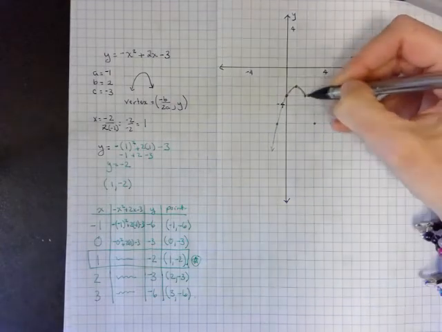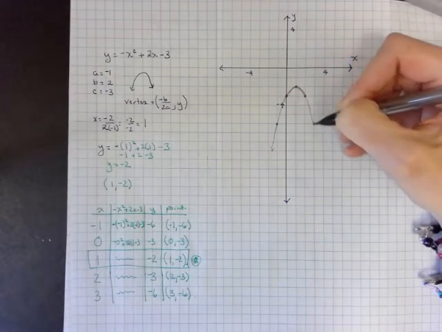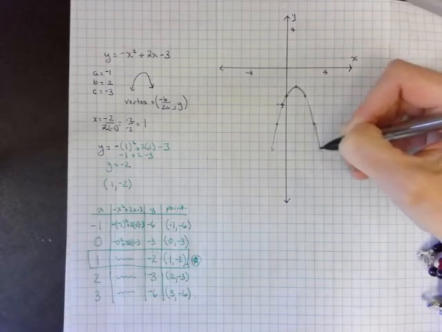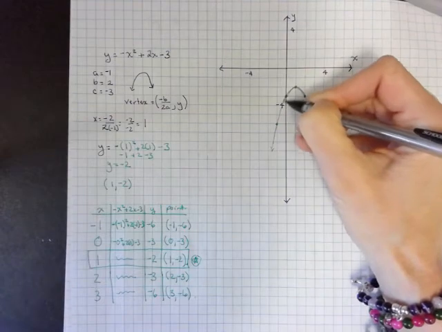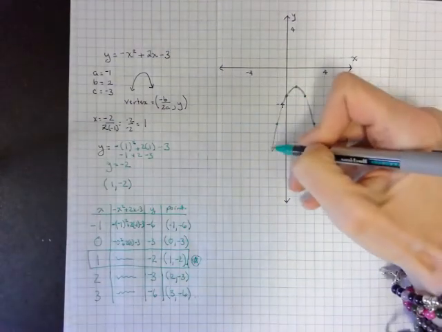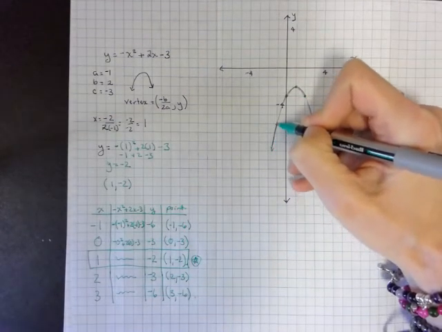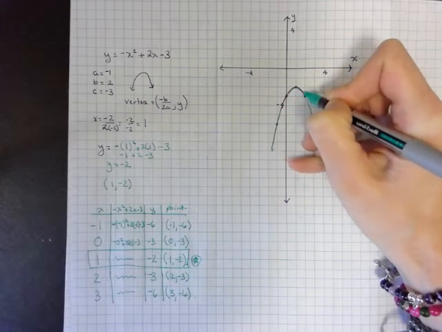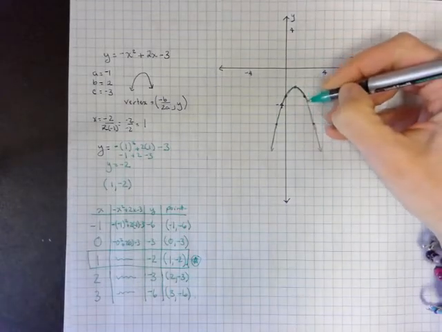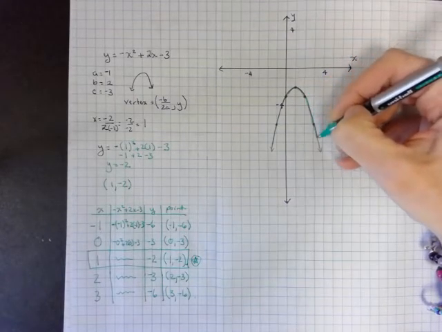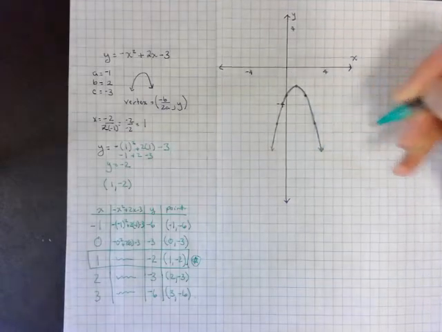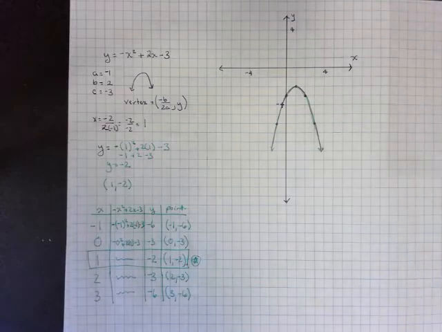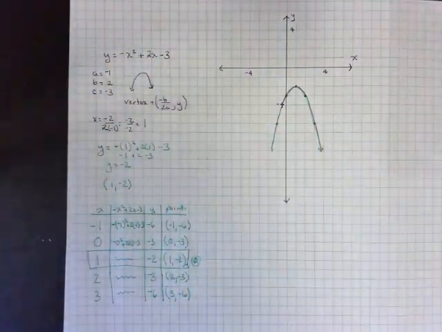This is a U. Okay, so I sketch it, and then I'm going to go in and do my best. It's a really nice curve. And that is how you graph a parabola when it's in this notation.